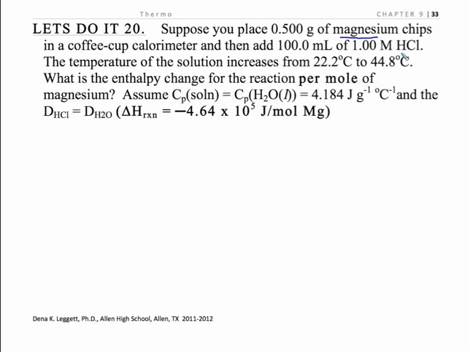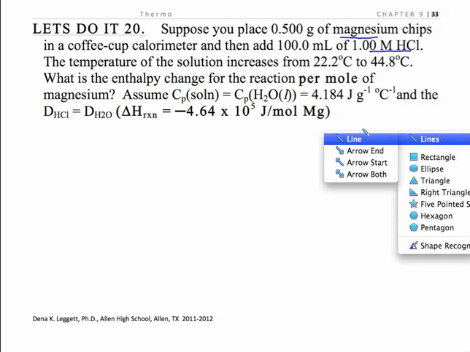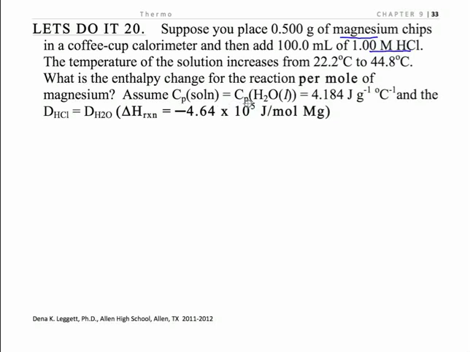So this time we have magnesium chips and we're reacting them with HCl. Now, it's not uncommon to see situations where they say, assume that that hydrochloric acid solution has the same heat capacity as the water, and assume that the densities are the same. And if you're not told otherwise, that means that the density is 1 gram per milliliter.